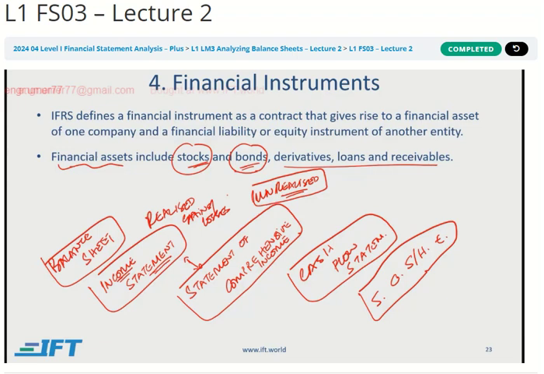Now, why is that so important? That's very important because your earnings per share, as you should remember from your previous learning module, is calculated based on your net income. Let's say we're doing the basic EPS calculation: net income minus preferred dividends divided by the weighted average number of common shares.